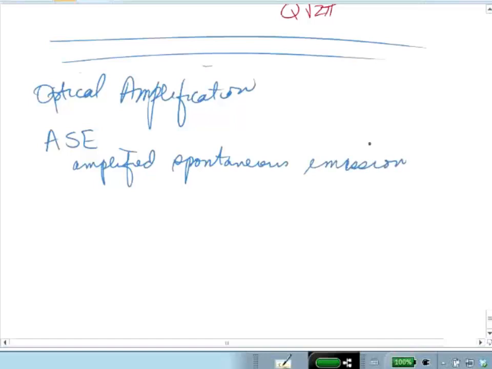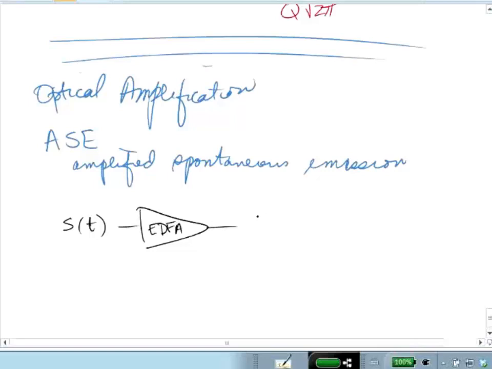So an optical signal which undergoes amplification sees a gain of G, and it has a noise process created so that the output of the signal S goes in. We have some amplifier, let's say an EDFA.